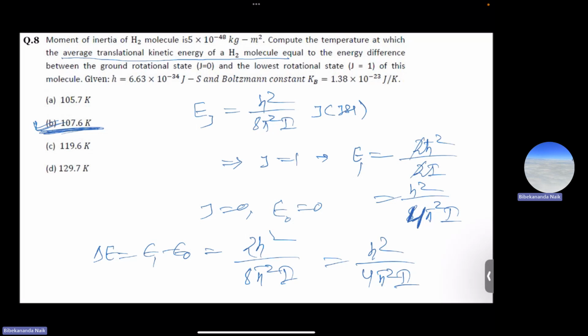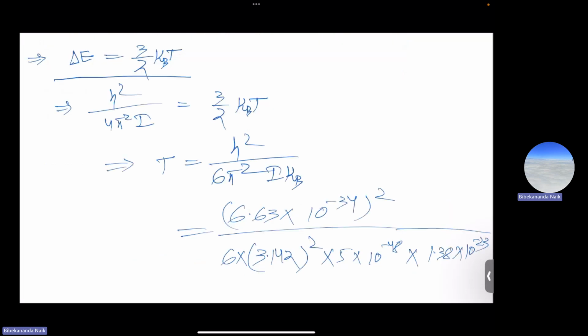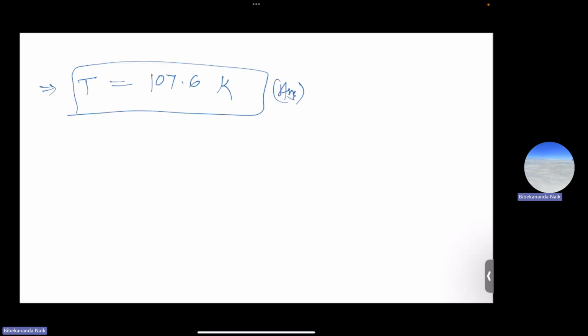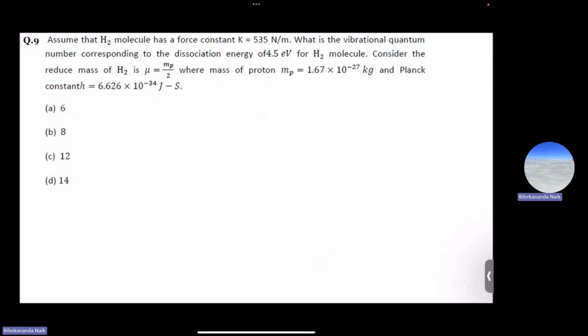So this 3 by 2 kT is equal to the difference of energy between the ground rotational state and lowest rotational state. If you equate these two energies, delta E will be equal to 3 by 2 kT. And if you put all the values that are known to us, the only unknown is the temperature, and that temperature is 107.6 Kelvin. I hope this is clear to you.